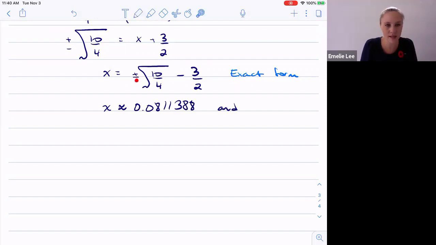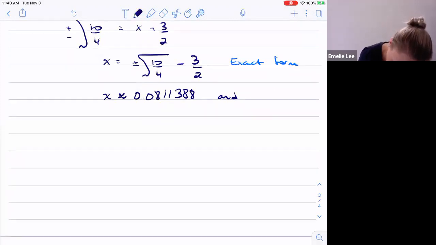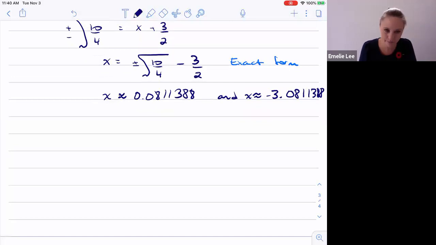And if I do the negative version, the negative square root of 10 divided by 4, minus 3 divided by 2 in brackets, I get x is roughly negative 3.08113888.